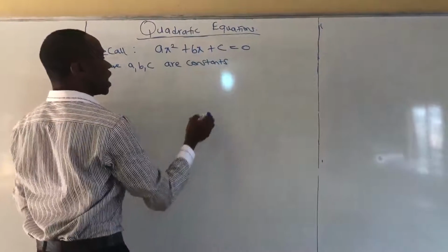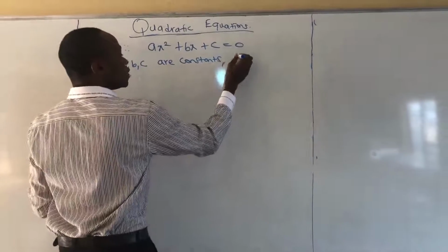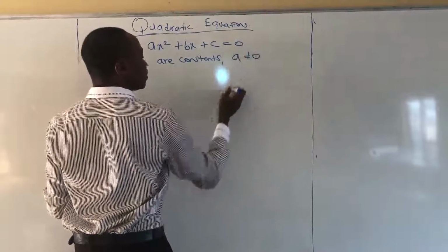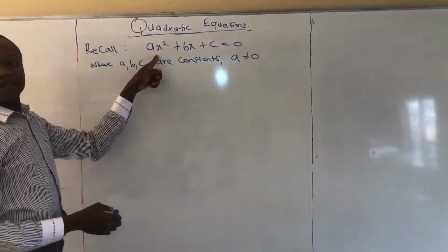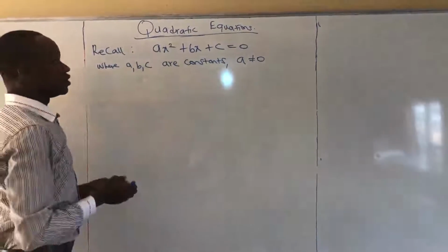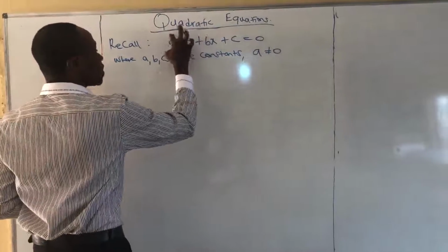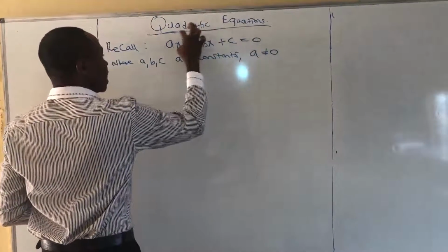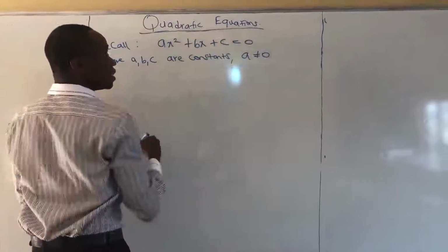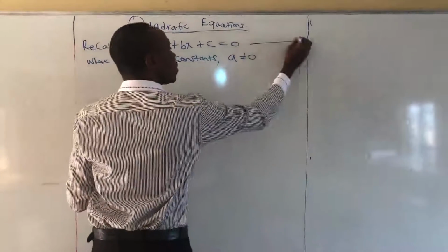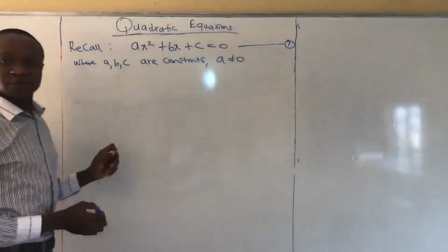A, B, C can be any numbers, but A must not be 0. Of course, if A is 0, this reduces to a linear equation. I want to call this equation 1 for the purpose of this section.